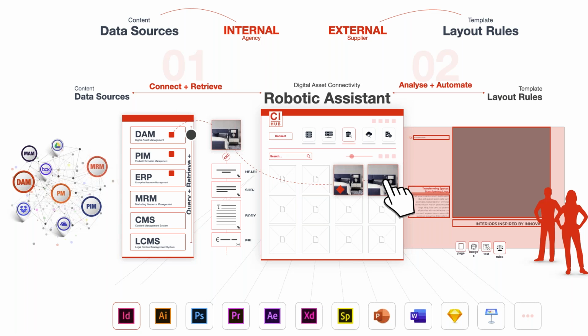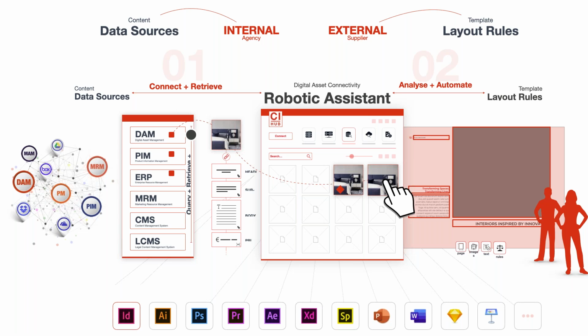As you see, we see that that plugin is a very central point to make working with assets from different sources a lot easier and a lot more comfortable and a lot more efficient than it is today.